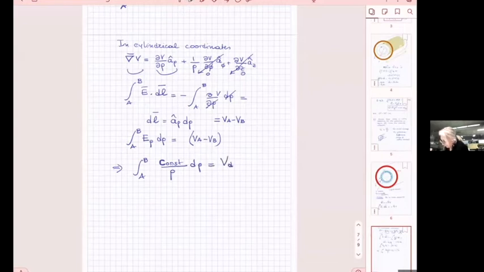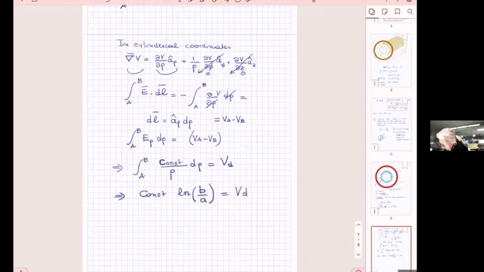Let's assume the voltage, V sub d. And then this is going to give us the constant. And then we have ln of rho of B over A equals Vd.